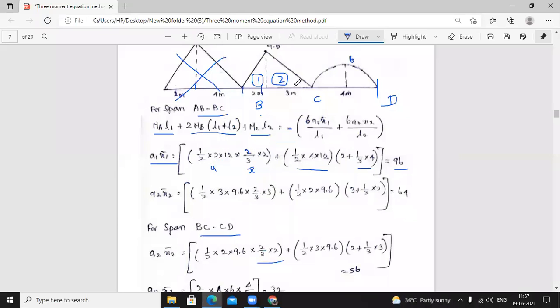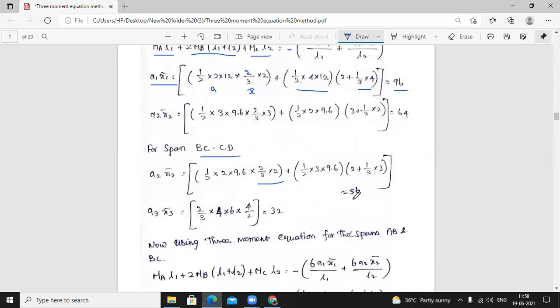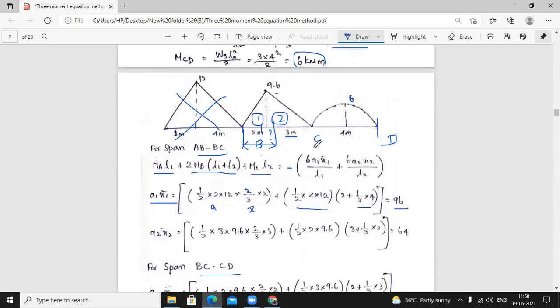Next, coming to the second part triangle, the area is half into B, which is 3 meter, height is 9.6. We take from point B, so 2 plus 1/3 of 3. Already 2 meter is there, and this small portion is 1/3 of 3. So we got 96.